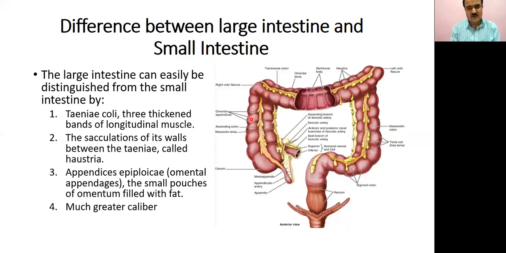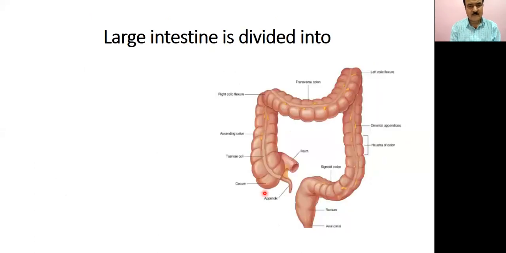These are the haustra. Then there are the appendices epiploicae, or omental appendages, small pouches of omentum filled with fat. So you can see these are the appendices epiploicae, and the lumen is of much greater caliber.